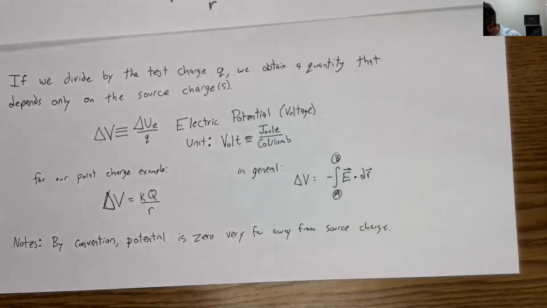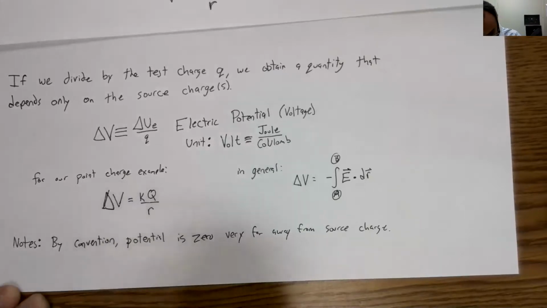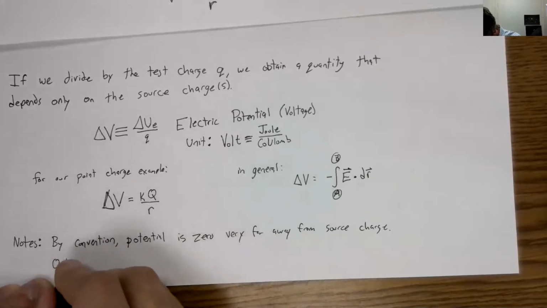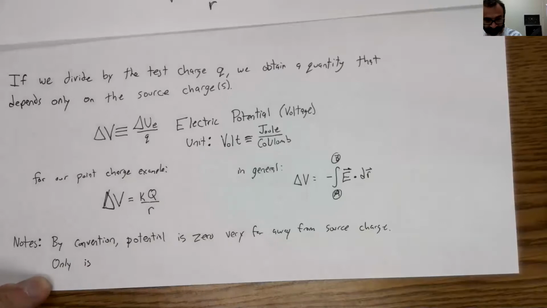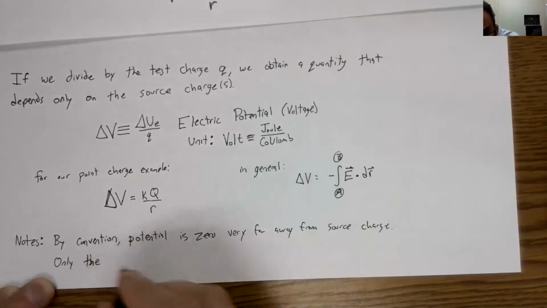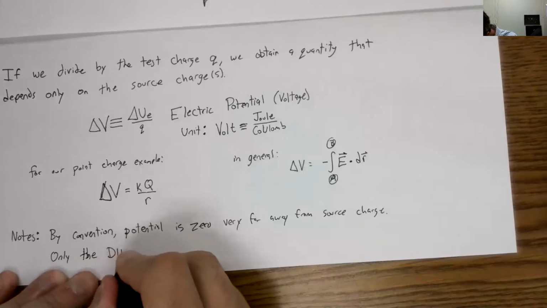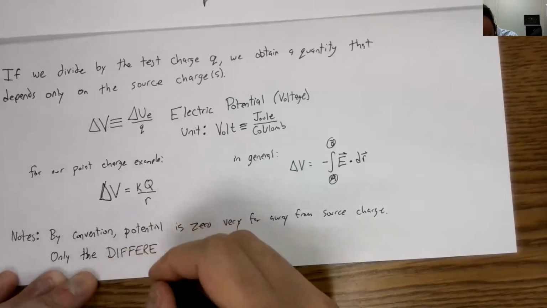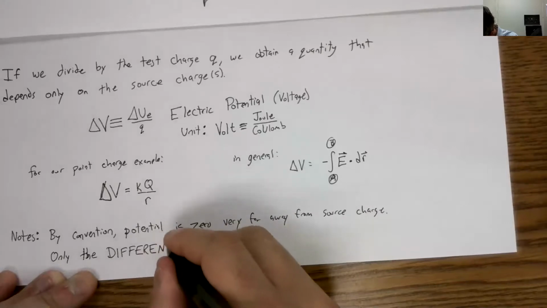And we'll see when we look at visualizing some electric potentials why that makes sense. The actual value of V is not physically important. Only the difference in potential is important, so only the difference between 2 points. And that's true for potential energy as well.